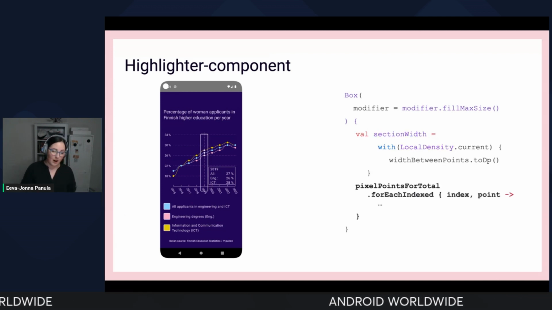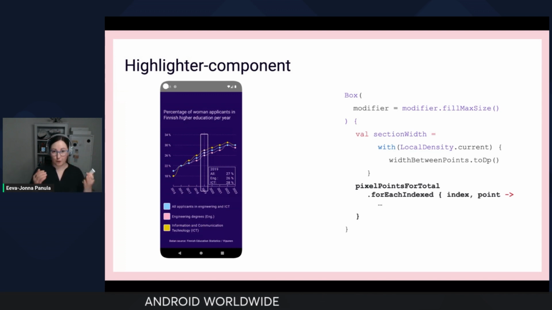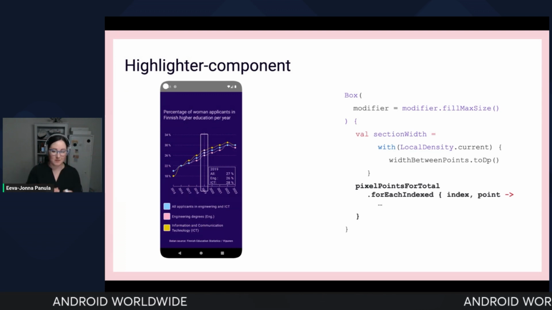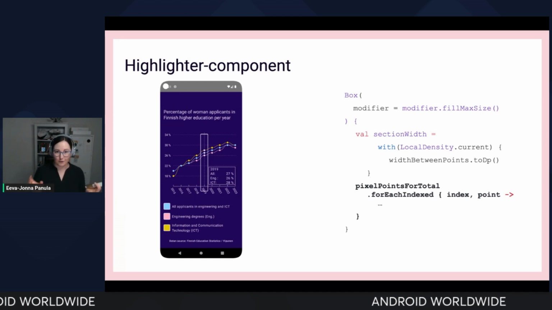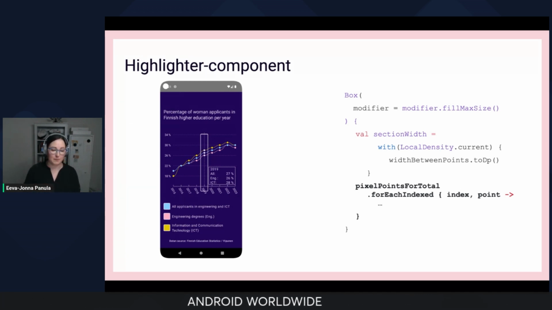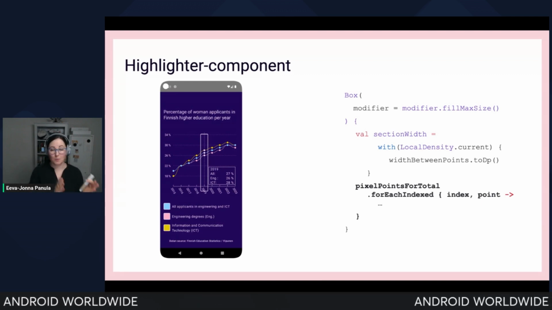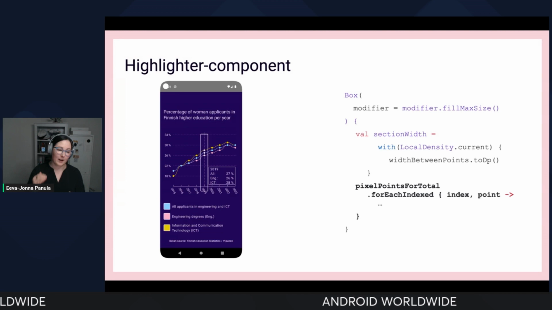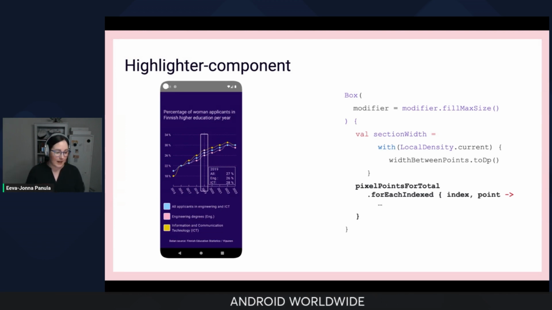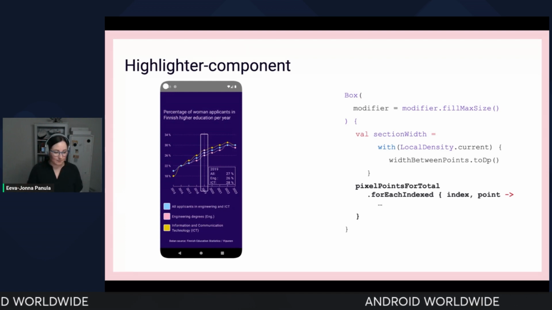And then after that, we are mapping through the pixels there, or one of the lists that was passed down. I'm using pixel points for total here. It could be any one of those because we just want the years basically, so we can map through the years there. But I think total makes most sense, so that's why I'm using it.